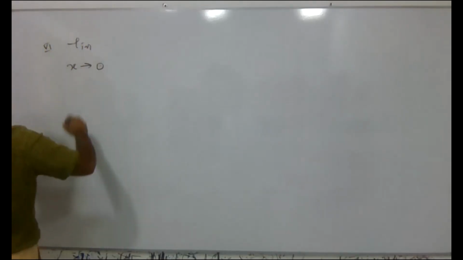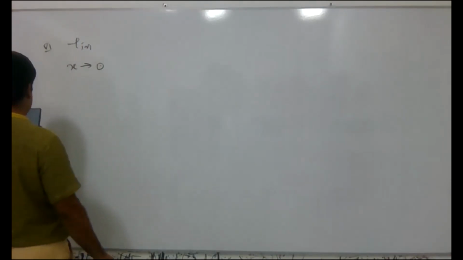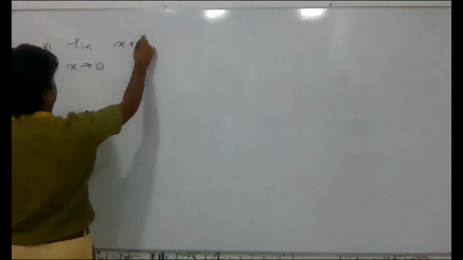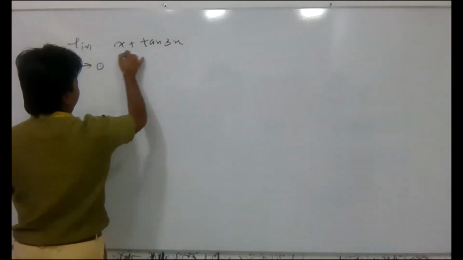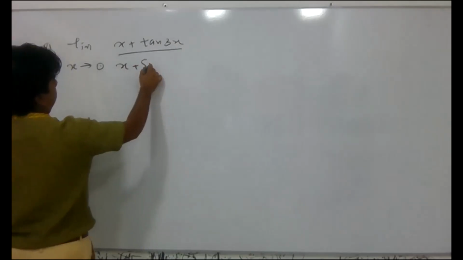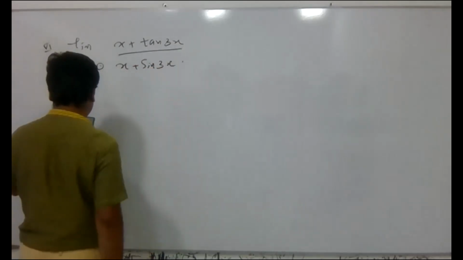Limit x goes to 0 of x plus tan 3x divided by x plus sin 3x, right?